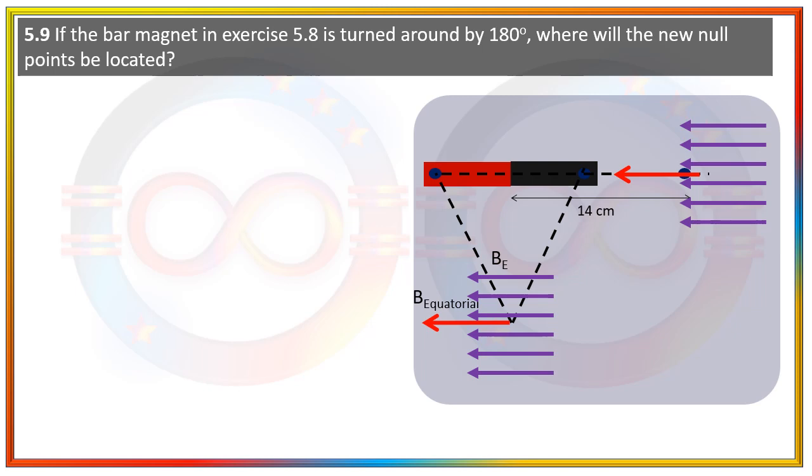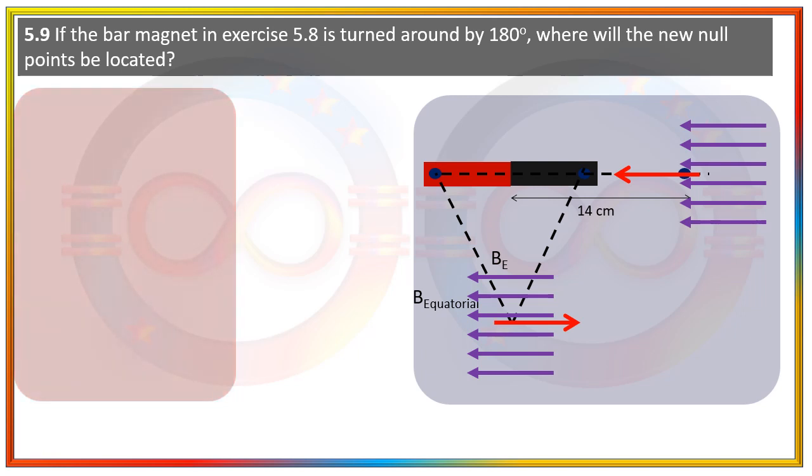Now where is the chance? At the equatorial line position, the field is again going to reverse. It means if the equatorial line field created by the magnet is going to encounter the field created by the earth, there is a chance to get the null point.